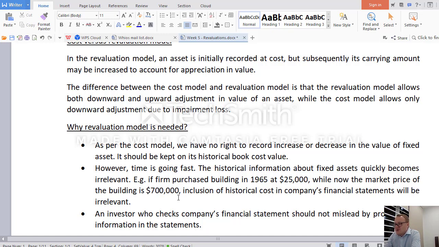So if you follow the cost model, you would be severely underestimating the value of your assets and distorting the statement of financial position. That's why it is advisable to use the revaluation model instead of the cost model.